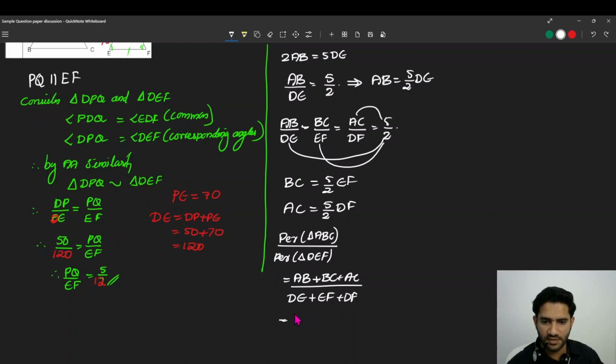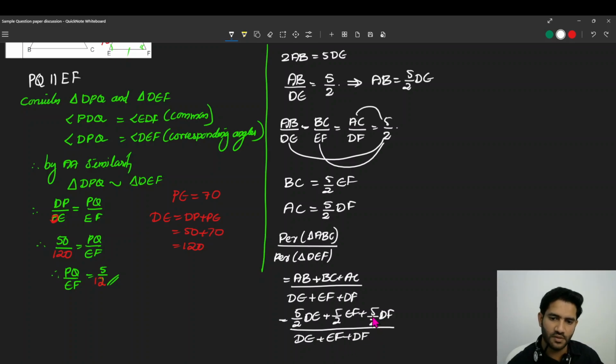Now AB means 5 by 2 DE plus 5 by 2 EF plus 5 by 2 DF, whole divided by DE plus EF plus DF.